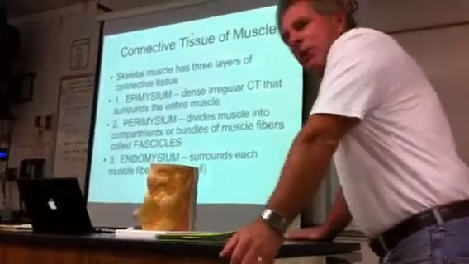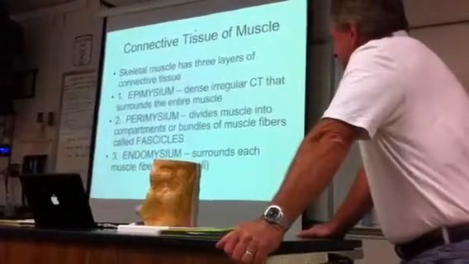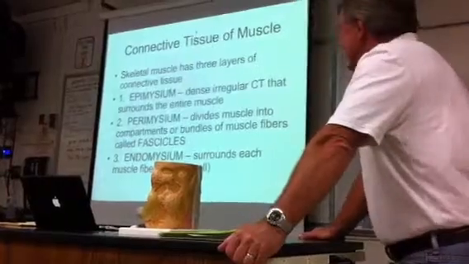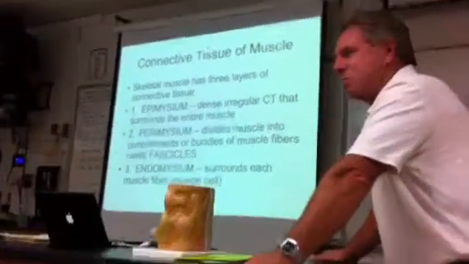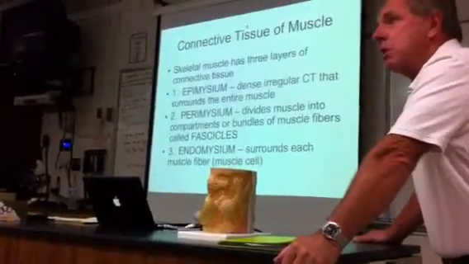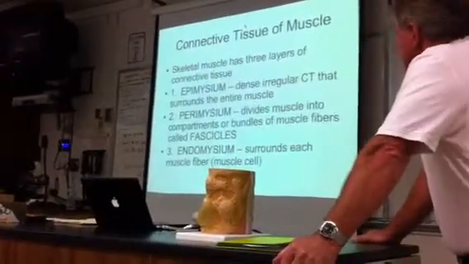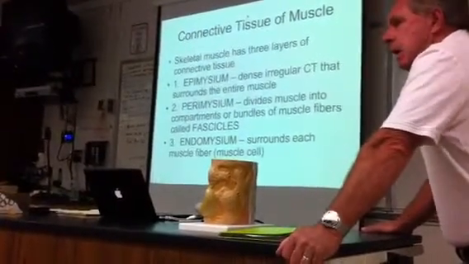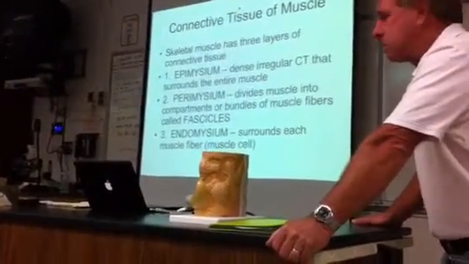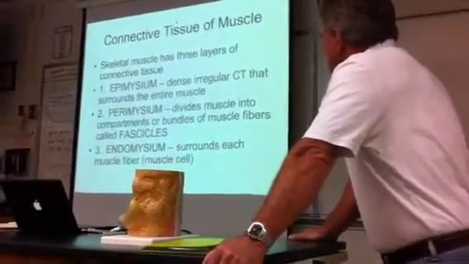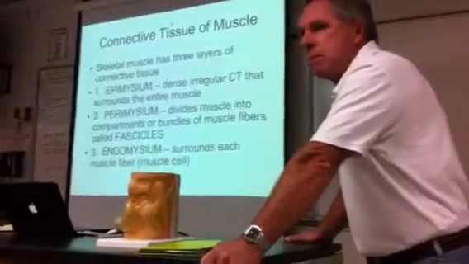Okay, now, we can't ever get away from this stuff, it seems. We had this in the bones, we have it in the nervous system. We've got all this connective tissue which surrounds the muscles, and you've already seen it in your cats. The epimysium, the perimysium, and the endomysium surround the muscles. The outermost dense irregular connective tissue that surrounds the entire muscle is the epimysium.